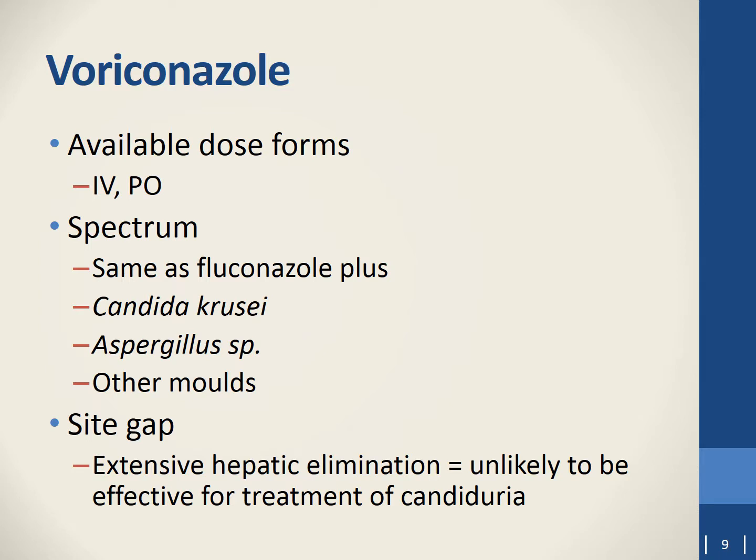This one has an interesting site gap. Because it does have such extensive hepatic elimination, it's unlikely to be effective for the treatment of candiduria. So if you do have a urinary tract infection with a Candida species, obviously if we can, we'd like to use fluconazole first. Voriconazole, because of the low concentrations, really isn't as effective of an agent.